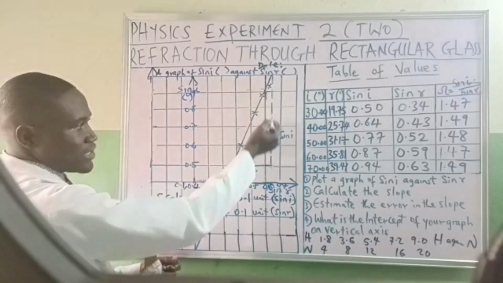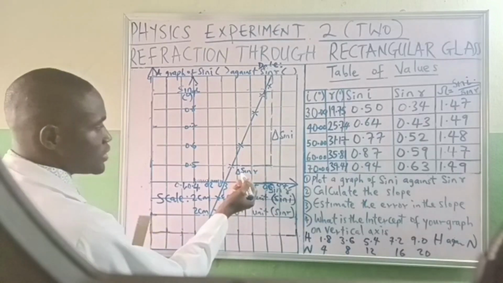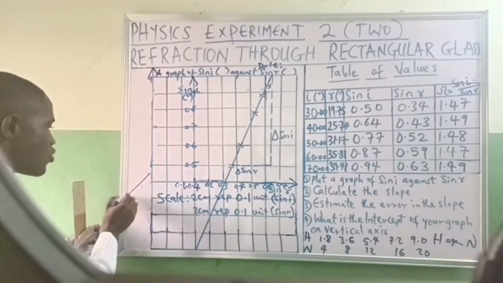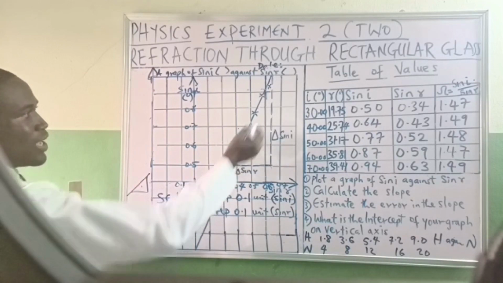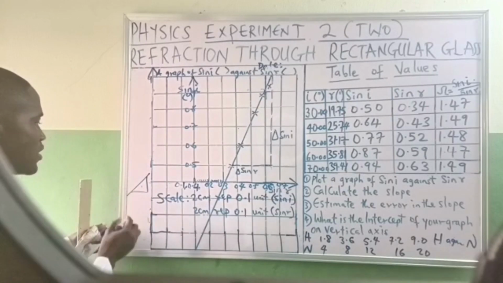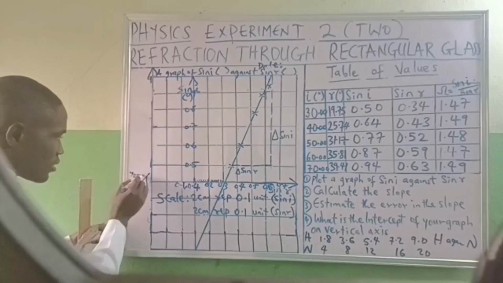Now we have plotted the graph. You take your triangle on the line of best fit. You have change in sin i and change in sin r. This is for vertical, this is for horizontal. That means you are taking this triangle up to 2/3 of the graph. Now this will be your y2, the lower one y1.